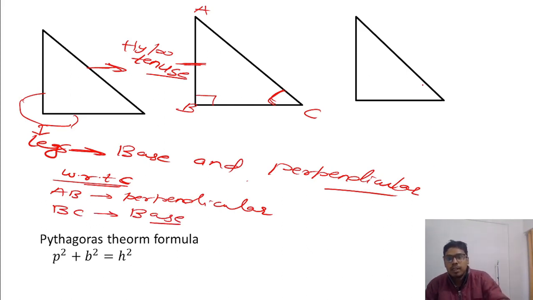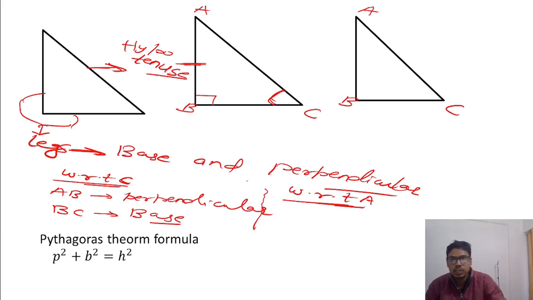Now the same triangle A, B and C. Let's start with respect to A. With respect to angle A, what are the base and the hypotenuse? Opposite of A. Which side is opposite of A?